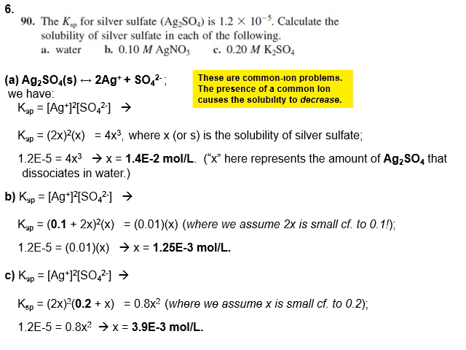And then for C, for the sulfate, you would write 0.2 plus X. Neglect the X, so it's just 0.2. KSP would be 0.2 for the SO4 times, I believe, 0.01.